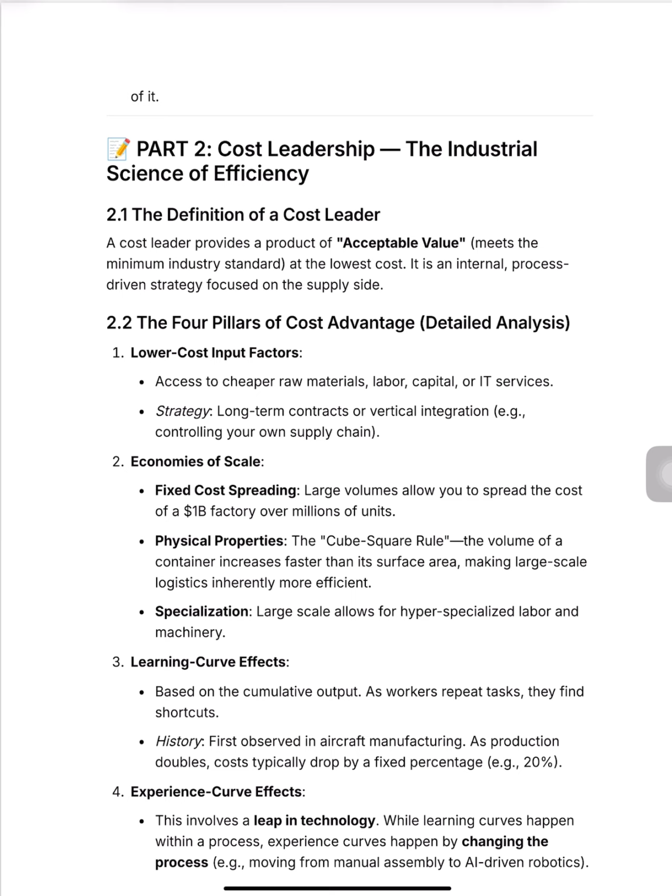The definition of a cost leader means that a cost leader provides a product of acceptable value, which means that it meets the minimum industry standard at the lowest cost. So it is an internal, process-driven strategy focused on the supply side as well.